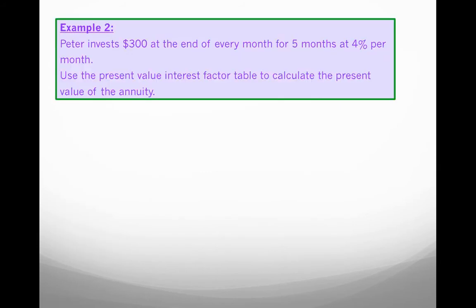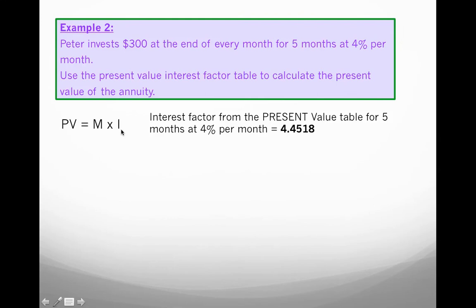Let's look at an example now using the present value table. Peter invests $300 at the end of every month for 5 months at 4% per month. All the time units are in months, so we don't have to convert anything. The present value formula is the regular payment times the interest factor from the present value table.